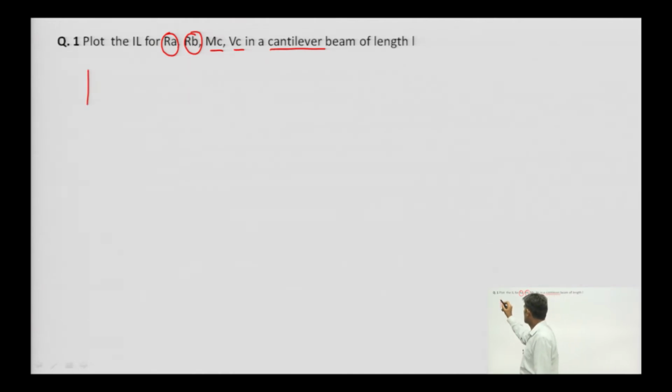So, suppose this is a cantilever beam AB, and point C is here.